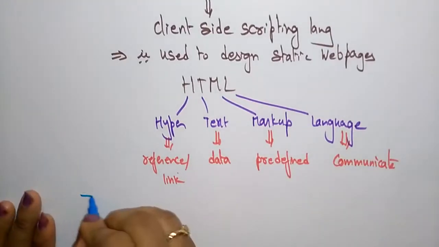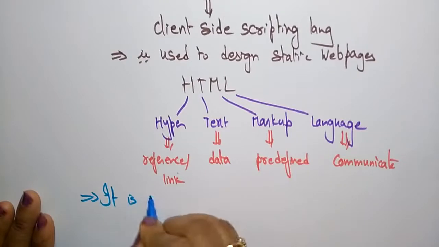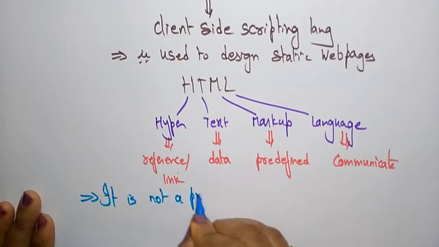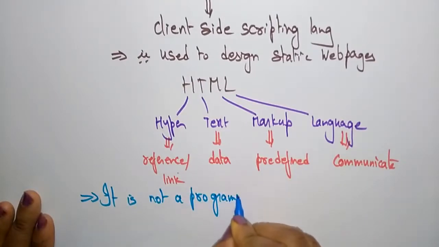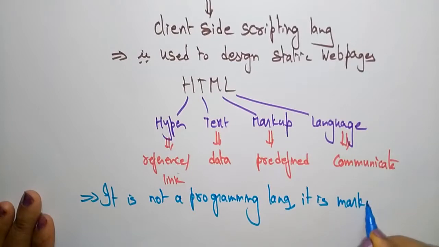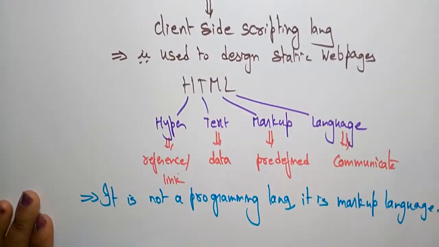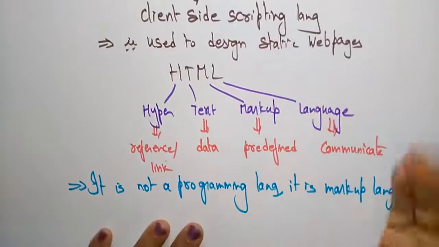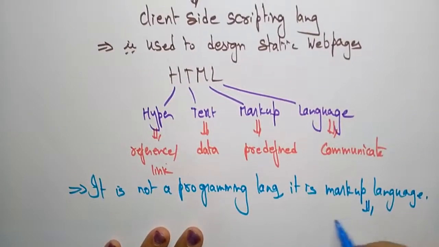HTML is not a programming language, just like Java or C. It is just a markup language. The markup language is a set of markup tags.